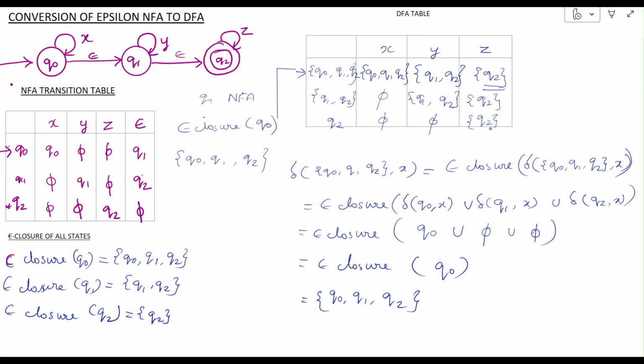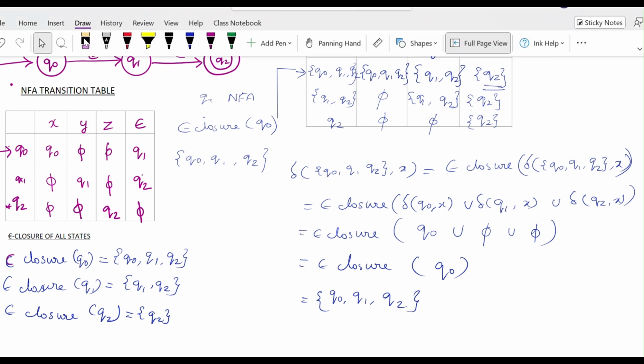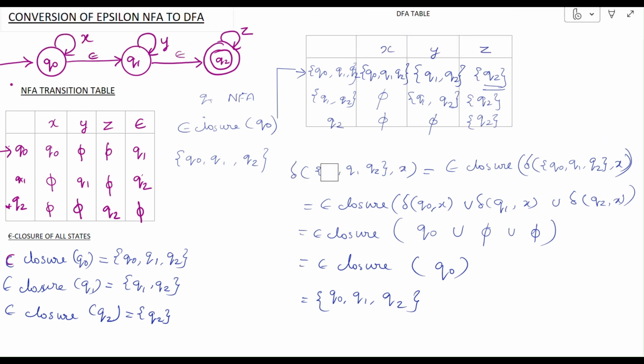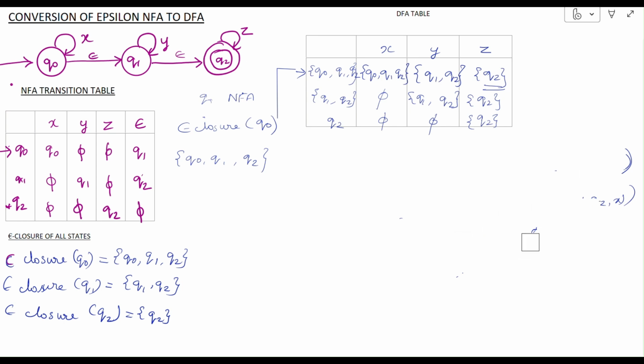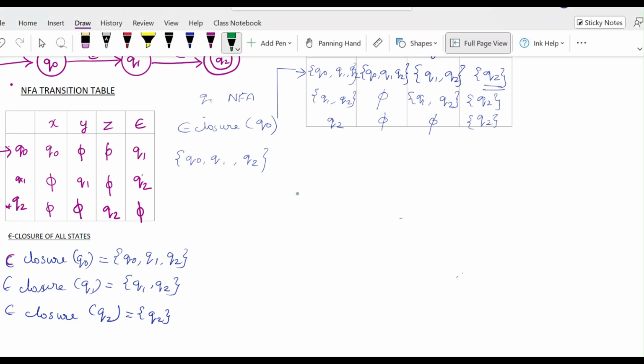Now the diagram should be drawn using this. In the transition diagram we have three states.